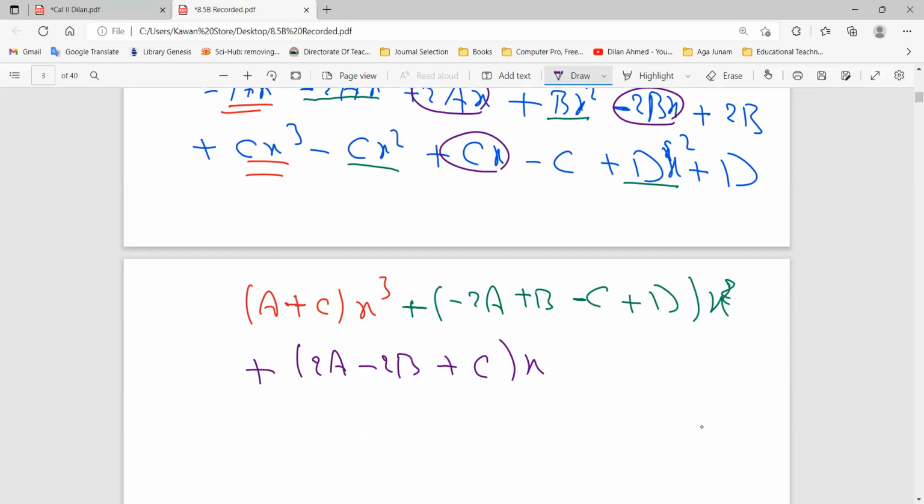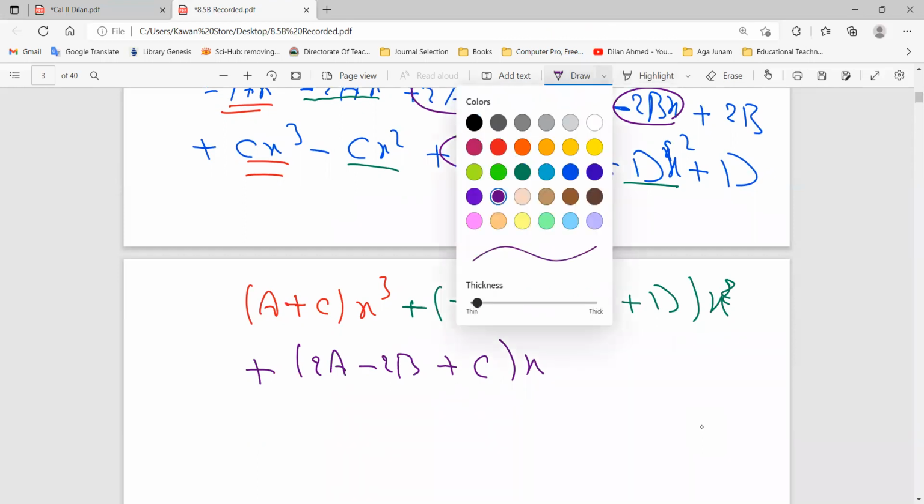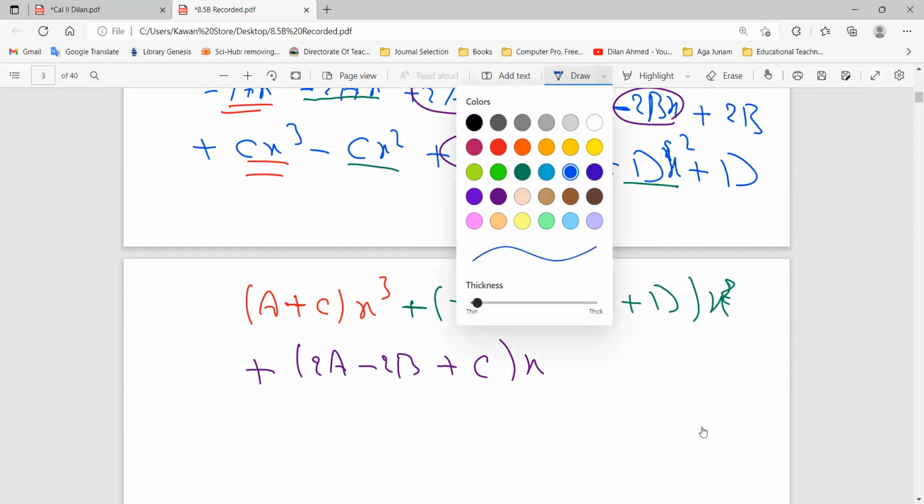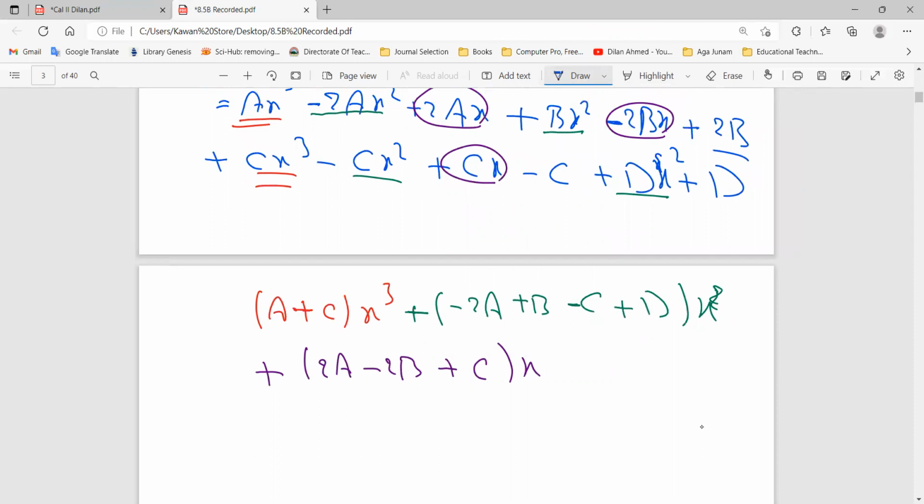And alone, which one is alone? 2b, right, by the green. Yeah, 2b minus c plus d. So all these equal to what?